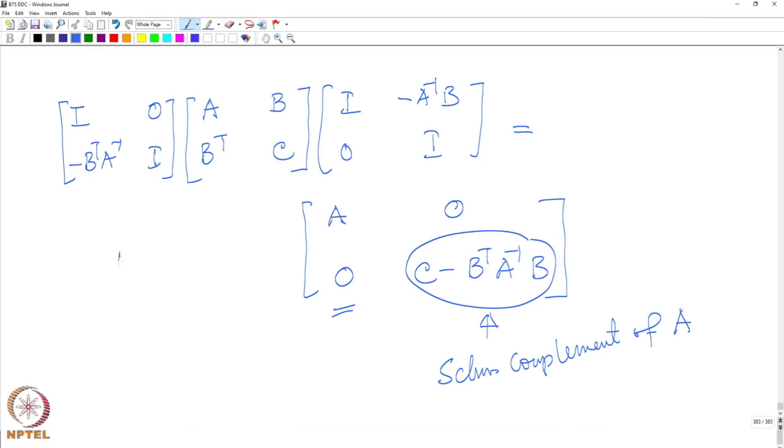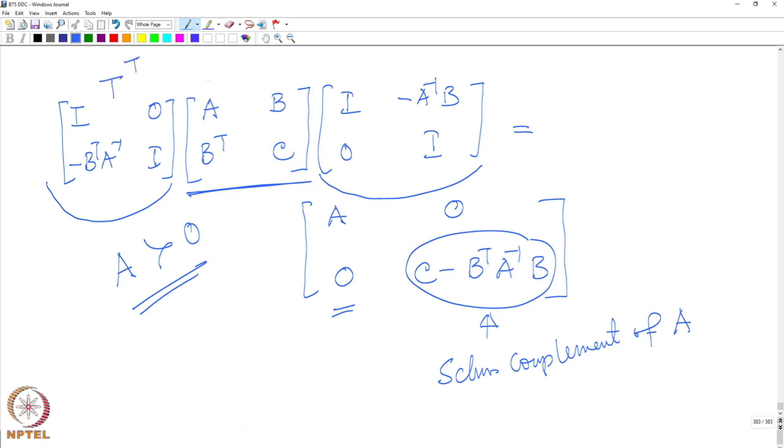Now, if I assume A is positive definite, right, then you see the following happens. This original matrix gets multiplied by an invertible matrix from the left and right by their transposes. If I call this T, and this matrix, let us say M, then T transpose M T has this block diagonal structure.